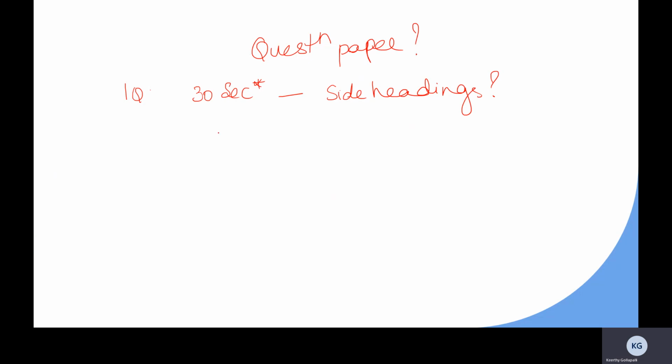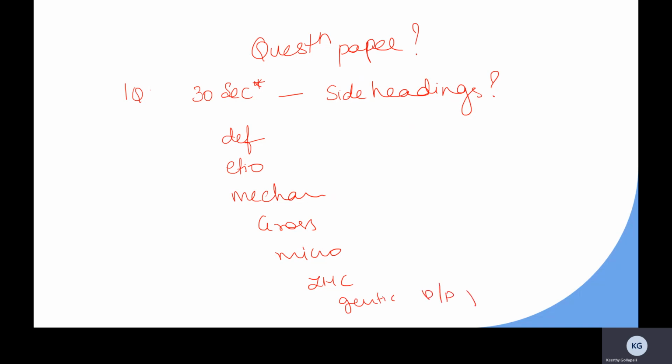For example, speaking in general, a definition, etiology, mechanism, any gross findings, microscopy, IHC markers, any diagnostic genetics, differentials, or prognosis. This should be my set of side headings if I saw a question on RCC.